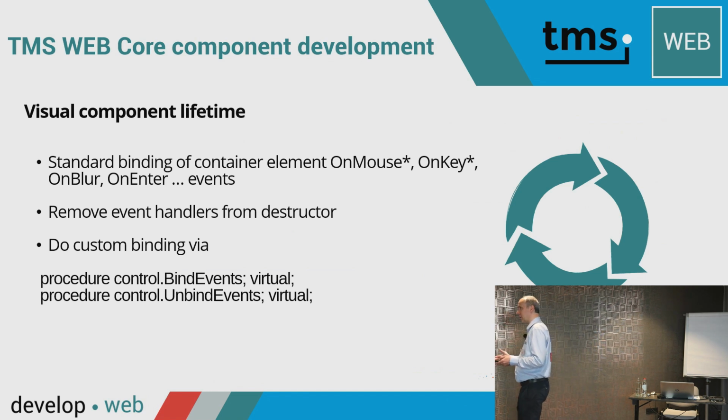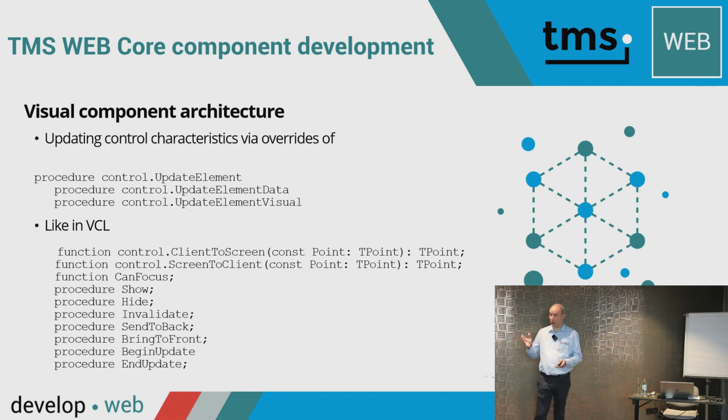When the component Object Pascal class goes out of scope and your HTML element is still in the template, of course you will get a JavaScript error, because there is still a binding between no longer existing code and the HTML element that is still there. So that's the reason why it's important when you do custom binding, always do also the equivalent unbind.